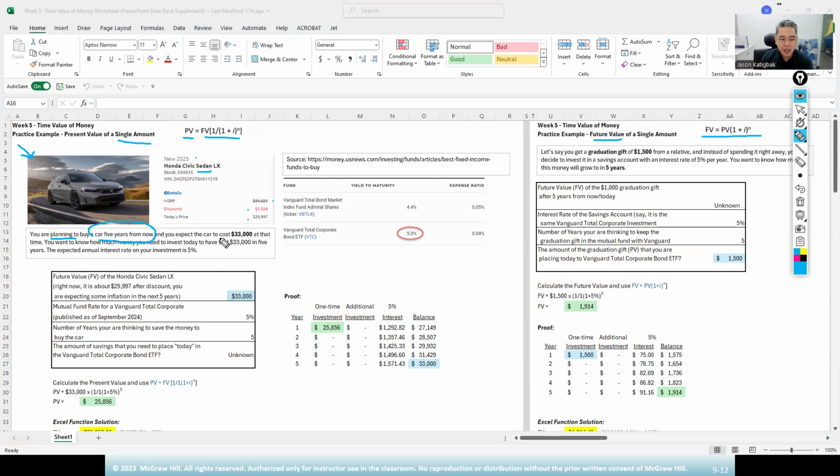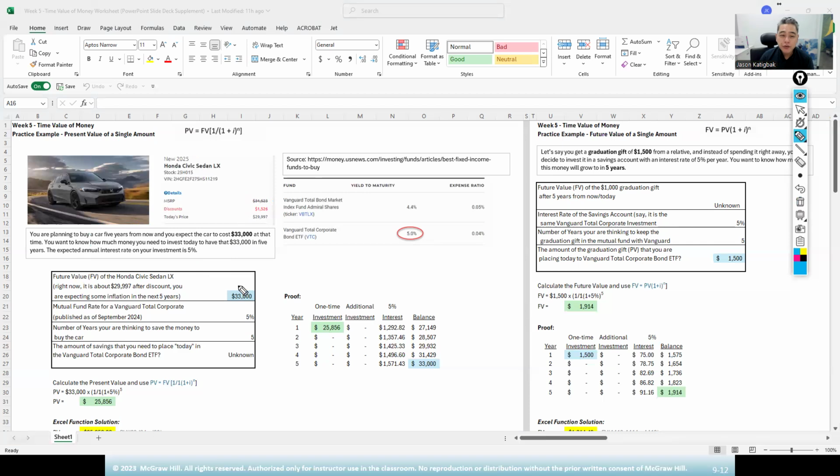So you have 5 years, and you expect that the car would cost 33,000 because right now it's about 30,000, but maybe in the future it's going to be 33 for the same Honda Civic sedan that you're looking at. You want to know how much money you need to invest today to have that 33,000 in 5 years. And you're expecting an investment rate of 5%.